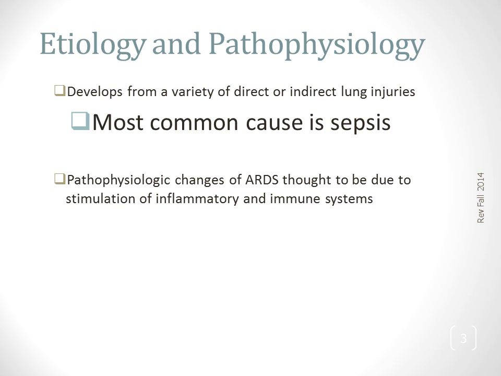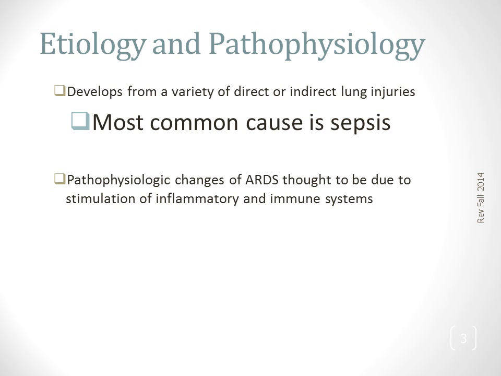Where does it come from? Well, we don't really know. The most common cause, we can say, is sepsis. We can say that it is an end result of sepsis when we start to have actual lung tissue damage. But it can come from a variety of direct or indirect lung injuries. It is absolutely part of the inflammatory and immune response.